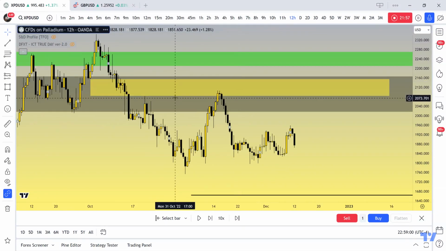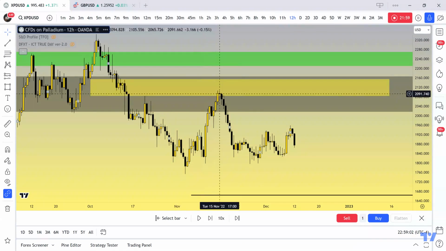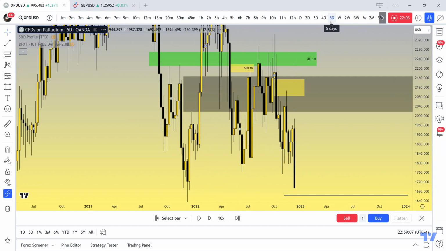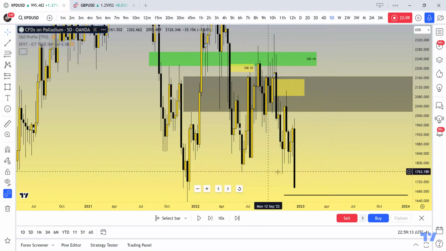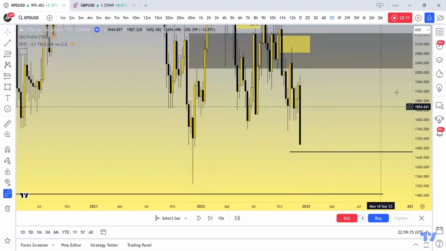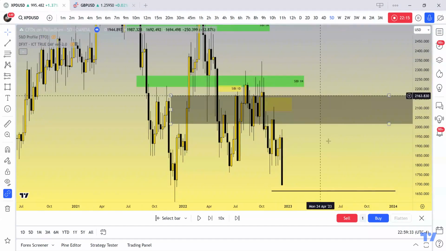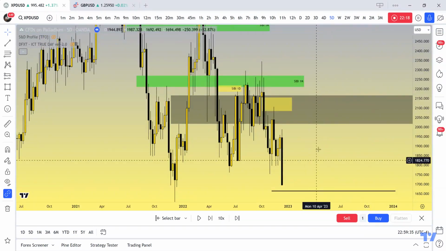On the 12-hour, you'd be wondering, why is it coming back up to here and then expanding lower? Because on the 5-day there's a gap that price wanted to rebalance to after creating some relative equal lows, then expanding lower. So this is how I would work my way through the time frames.